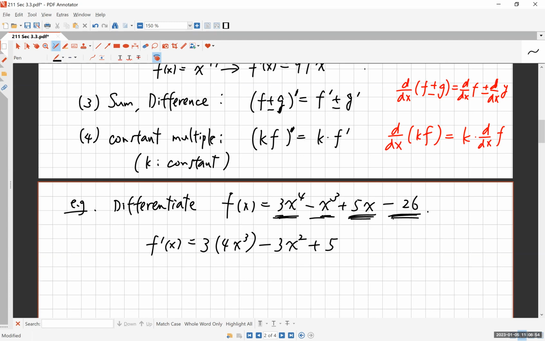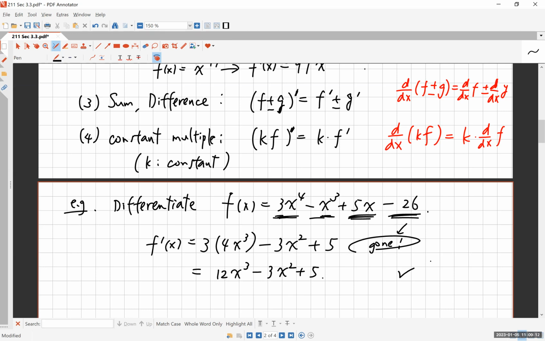And then what happens to negative 26? The constant just vanishes. Gone. Nice, right? So the derivative is 12x cubed minus 3x squared plus 5.